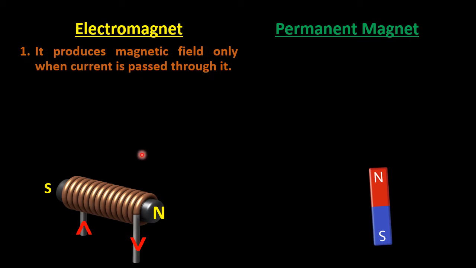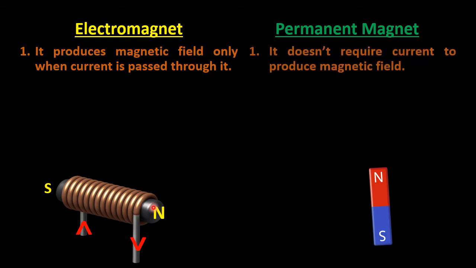This solenoid will act as a magnet only when the current is allowed to flow through it. When there is no current, this solenoid will not act as a magnet. While the permanent magnet does not require current to produce a magnetic field. This bar magnet will not require any current. It has its own magnetic field.